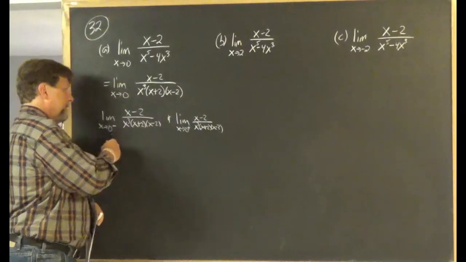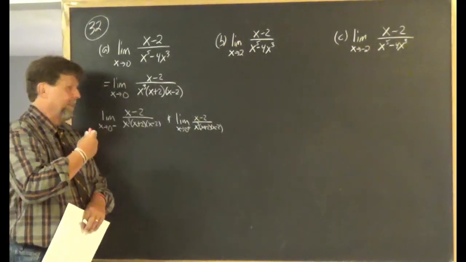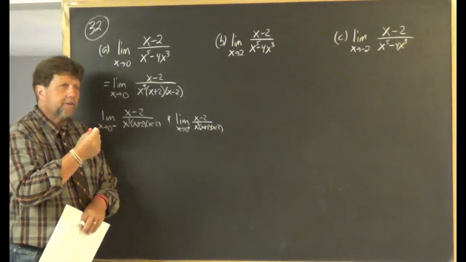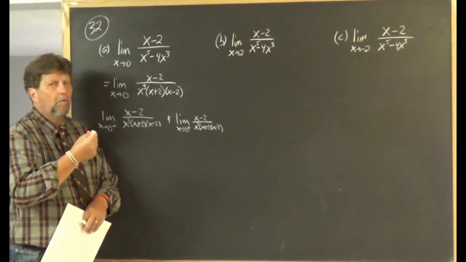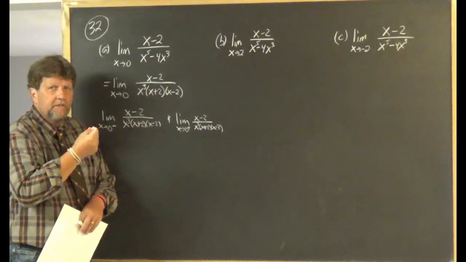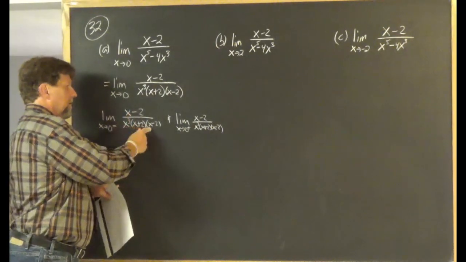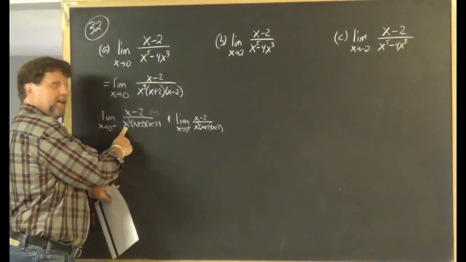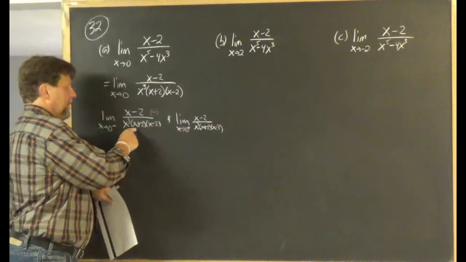So as x approaches 0 from the left side of 0, I'm a negative number. I'm real close to 0, so say negative 0.001. That's negative, but it's close to 0. So I think of a number like that going in here for x. Well, the numerator would be a negative number. X cubed, a negative number cubed, is negative.